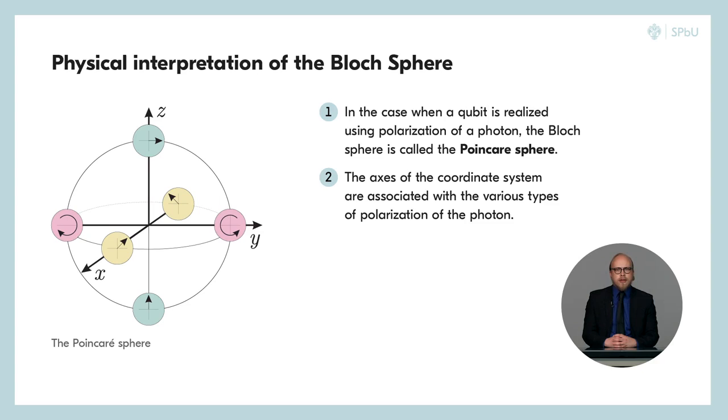For example, the direction of horizontal linear polarization is chosen as the positive direction of the z-axis, and the direction of the vertical linear polarization is chosen as the negative direction. The x-axis is also associated with linear polarization, but already in the basis rotated by 45 degrees relative to the basis for the z-axis. And the y-axis is already associated with the circular polarizations of the photon. We emphasize that regardless of the nature of the physical system under consideration, orthogonal ket vectors on the Bloch sphere look in opposite directions.